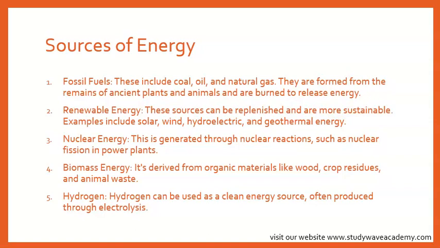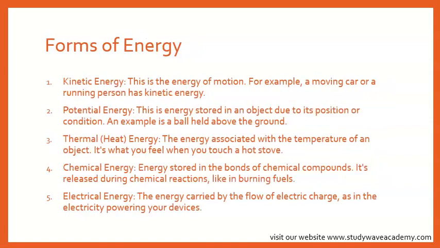Good. So next we're going to be looking at the forms of energy. Forms of energy. This means the different ways that energy can appear or show itself, okay? Think of it as many types of energy. Do we understand that?